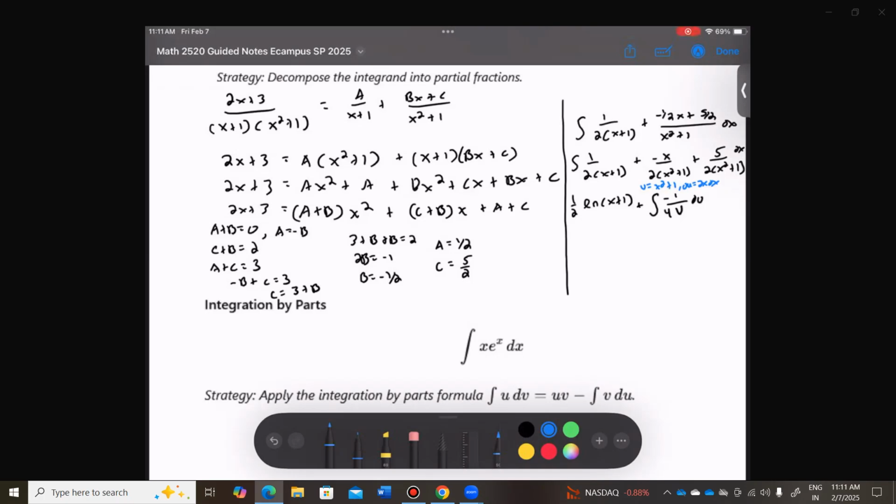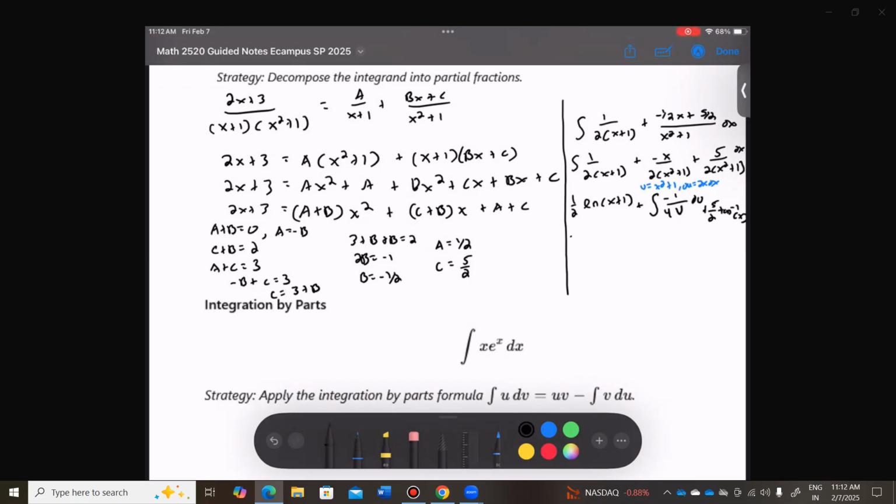And then the last one, we don't have an x on top, so we have to do this in a different way. It is x squared plus 1, which means think trig function, so it will be an inverse tangent of x.